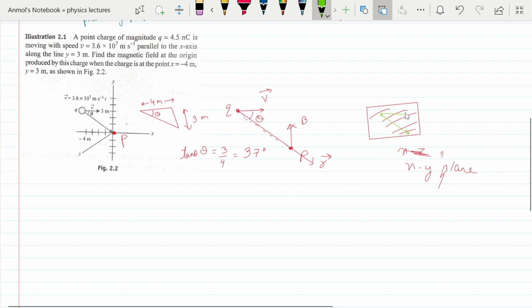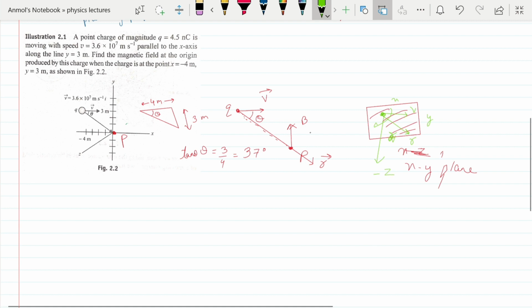Both are present in the same plane. This plane is the XY plane. See, this side is Y and this side is X. So your vector will be V cross R. When you do V cross R, it will be downward from the plane, and this direction is minus Z.